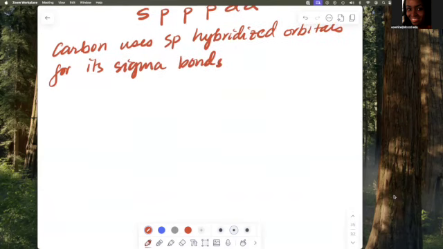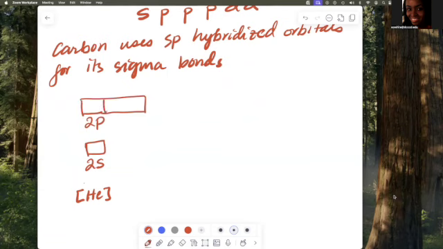Like we saw earlier, how do we show this for carbon? We said once again, the configuration for carbon is going to be helium, and then we have the 2s that's going to be just one box, right? And the 2p level that usually has 3 boxes. Okay. For carbon, we of course have 2s2 and then 2p2.